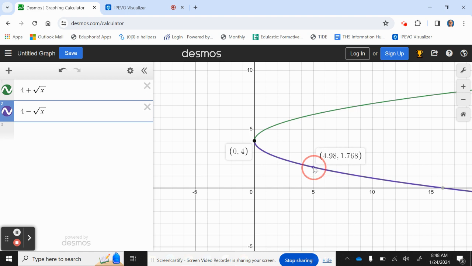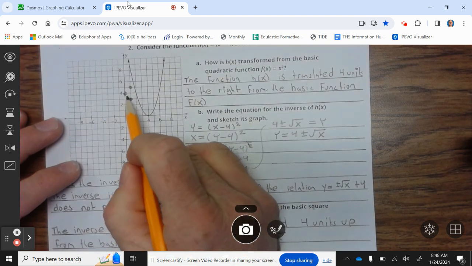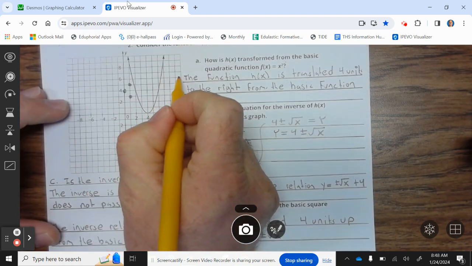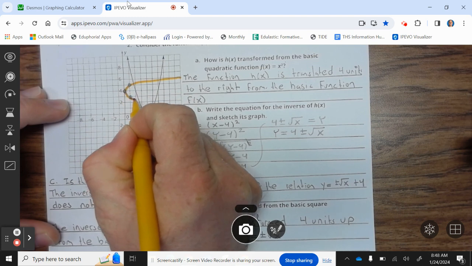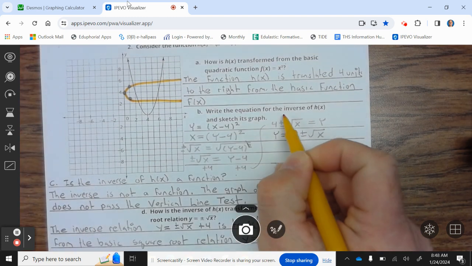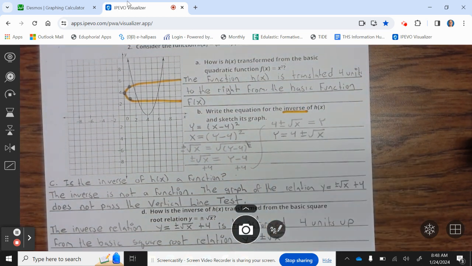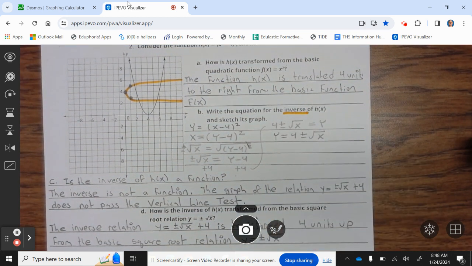We're getting close. Oh, that doesn't look good. All right, so it looks like these 3 points are the best points we can get, which is enough to get our curve. All right, go ahead and finish up the graph.